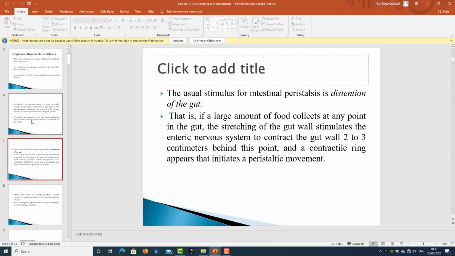The usual stimulus for intestinal peristalsis is distension of the gut. If a large amount of food collects at any point in the gut, the stretching of the gut wall stimulates the enteric nervous system to contract the gut wall 2 to 3 centimeters behind this point, and a contractile ring appears which initiates a peristaltic movement.